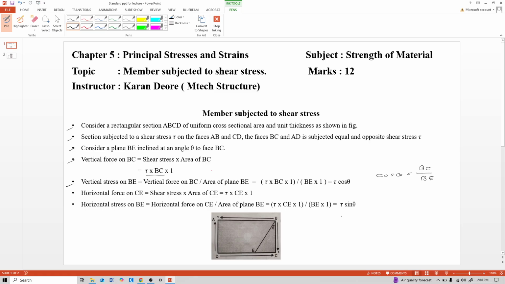Now horizontal force on CE. On this face CE, horizontal force is shear stress multiplied by area of CE. Shear stress is denoted as tau and area of CE is CE into 1. So tau CE is the horizontal force on CE. Force is equal to stress into area, and stress is equal to force upon area.